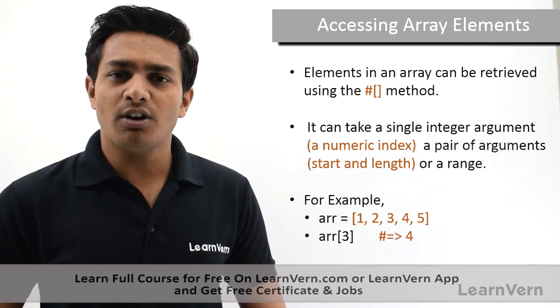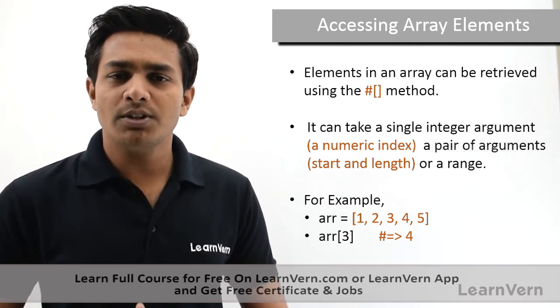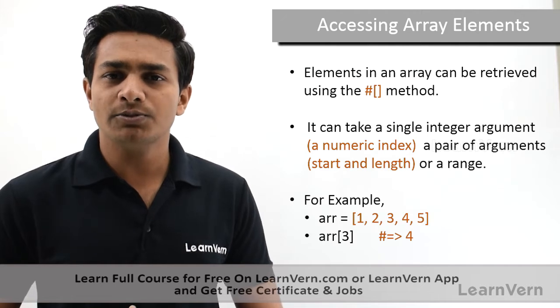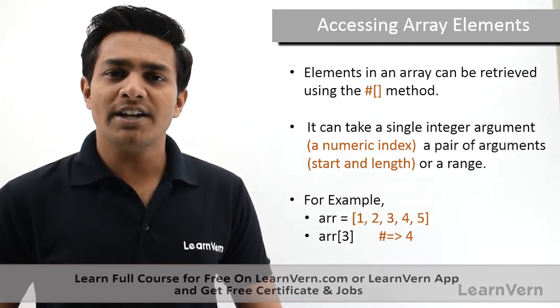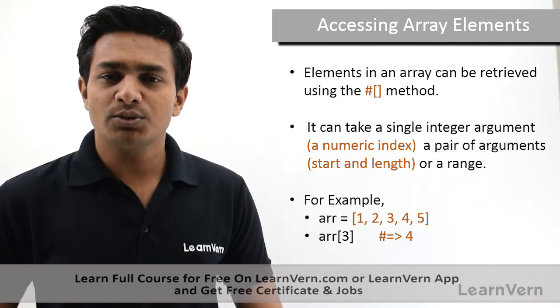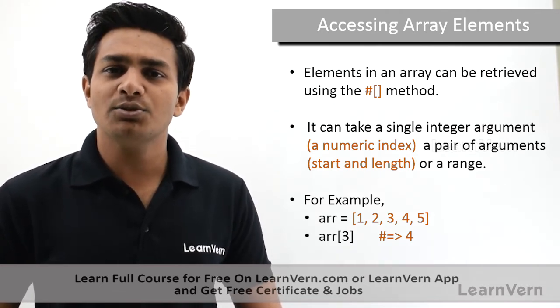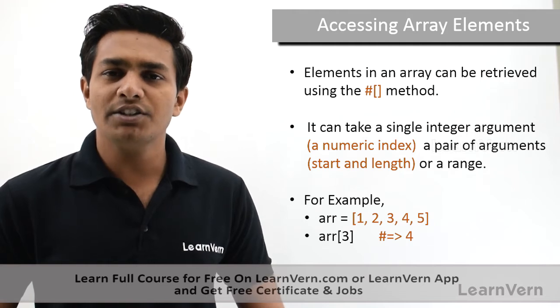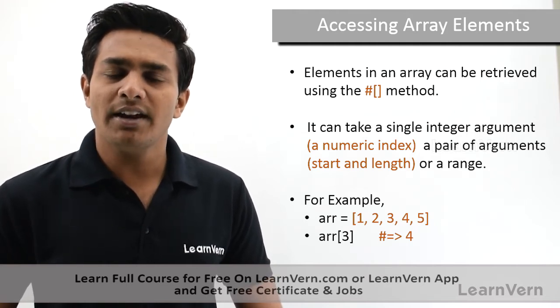Because the array index always starts from 0. So if I want to access my 4th element, I need to pass an index of 3. So it will return the value of the 4th element in that array. And here in the example, it will return 4 as my output.